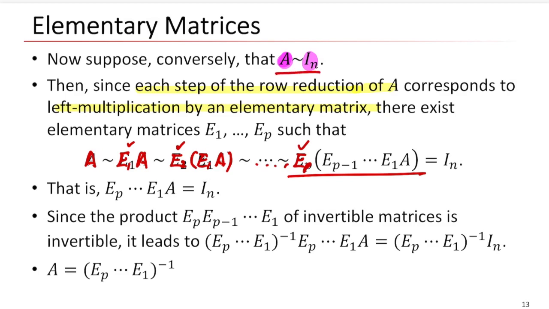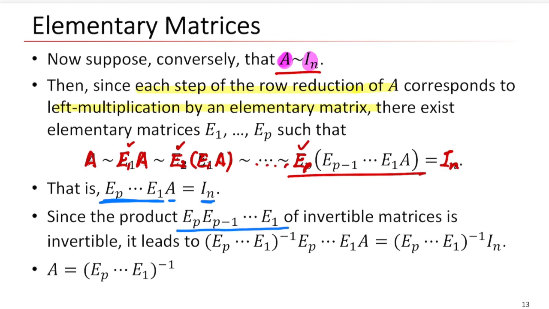Then by definition it should be the identity matrix I_n. Then to summarize, the set of row operations, the product of the elementary matrices times A, should be the identity matrix, right?